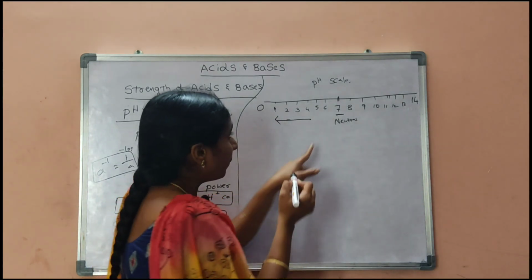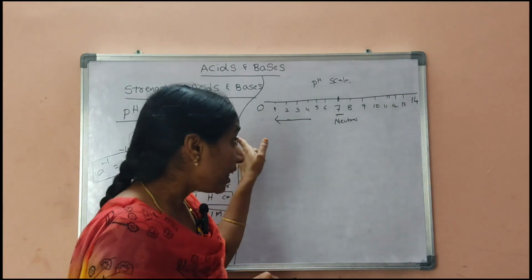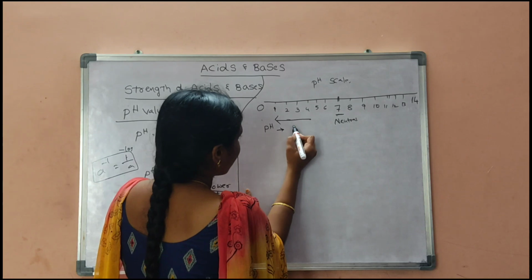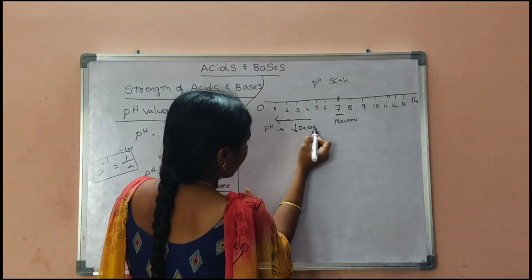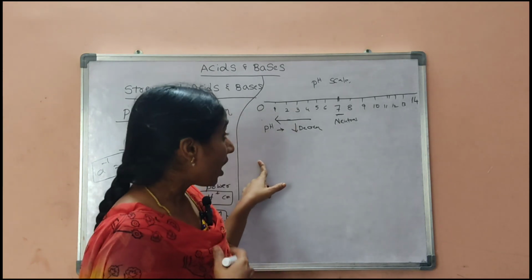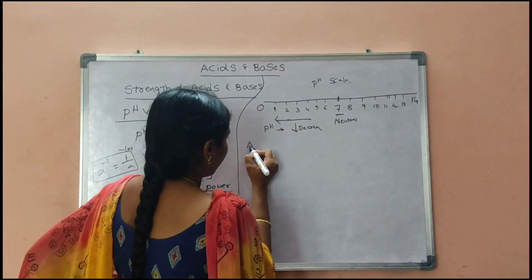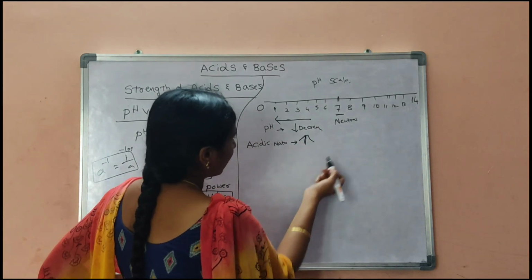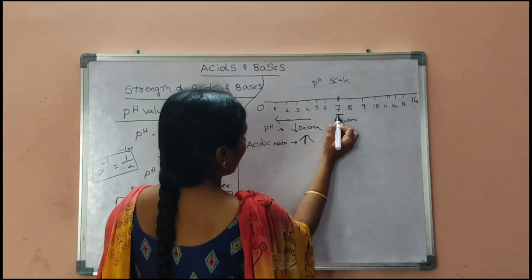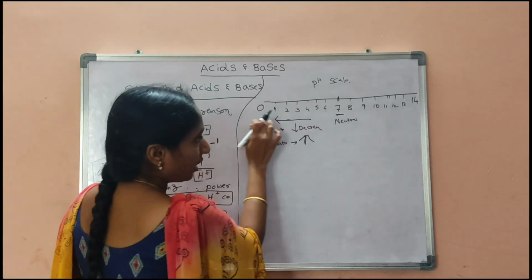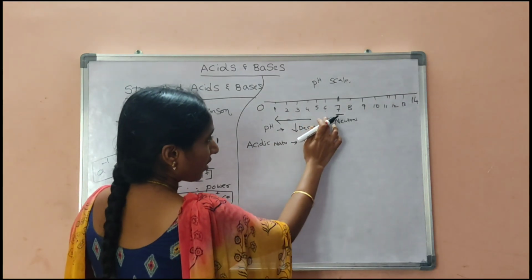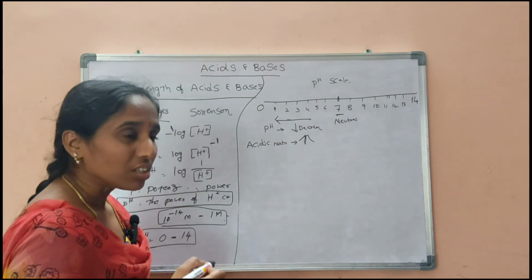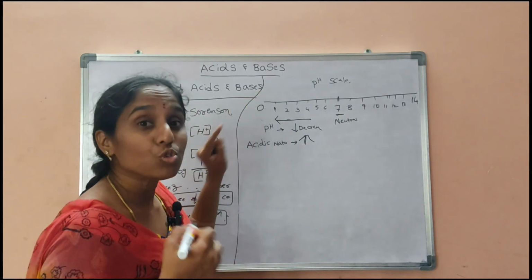From 7 to 0, moving this side, pH values will decrease, but the acidic nature increases. So, between pH 1 and a higher pH, which is the strong acid? pH 1 is a strong acid.